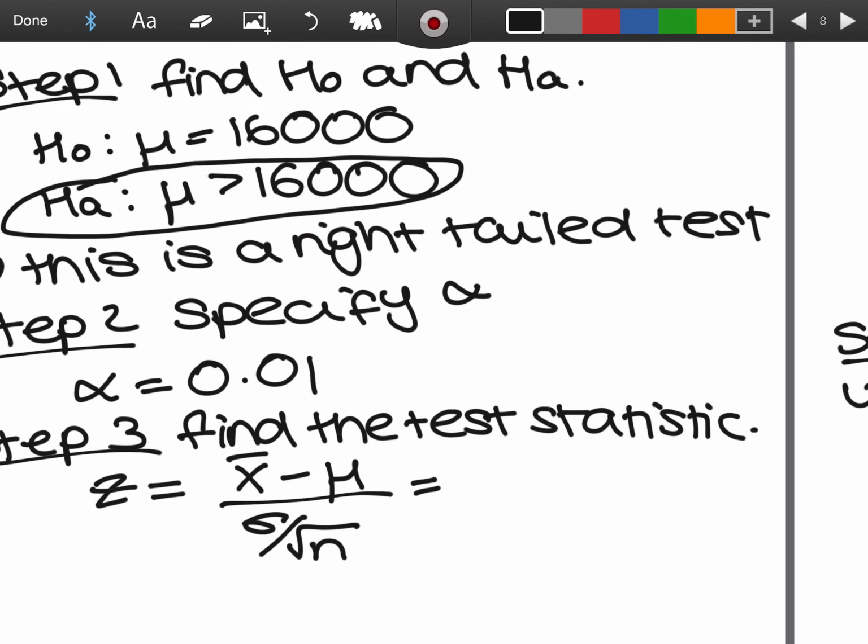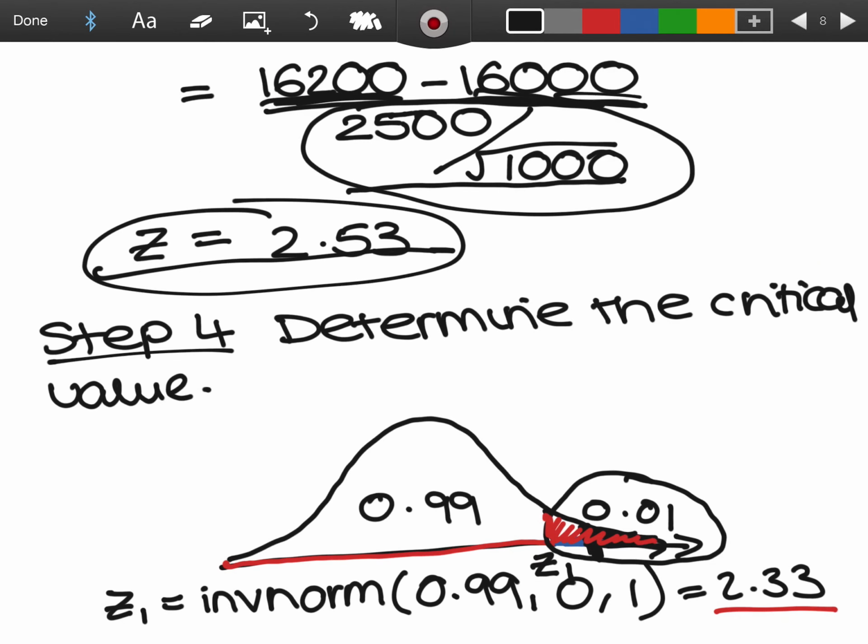In our other case here, our alpha value was just the area to the right because we had a one-tailed test. If your p-value is less than your alpha value, that must mean that your test statistic is more extreme than the critical value. And that means that you reject the null hypothesis.